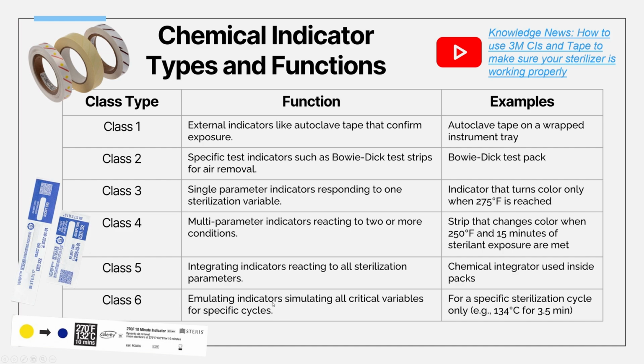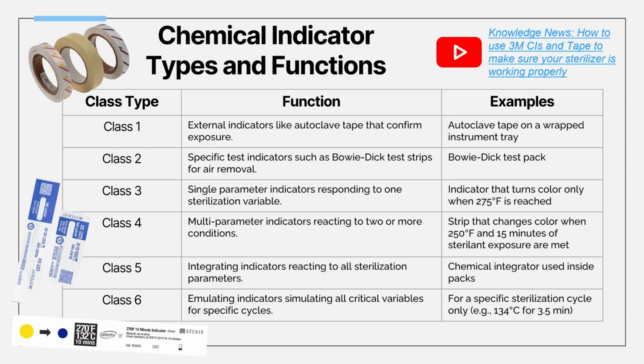emulating indicators. So these are very cycle specific. So they're very sensitive and are used to match a specific cycle's exact settings. So as an example, we all know that implant instruments go through longer cycles than regular instrument cycles.